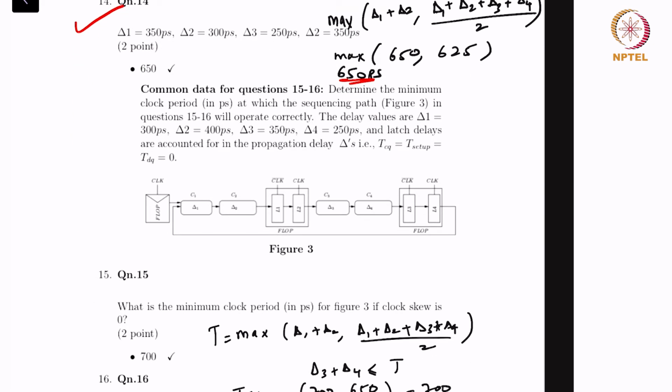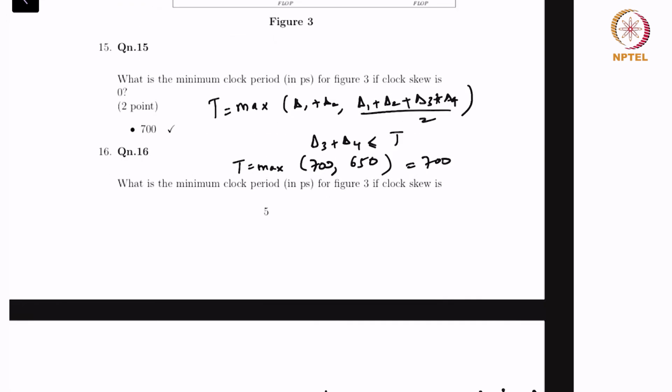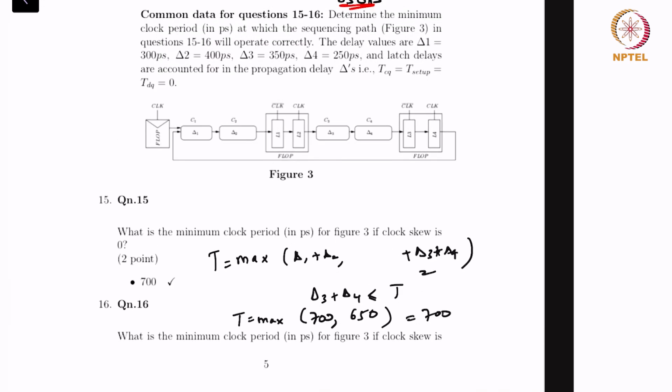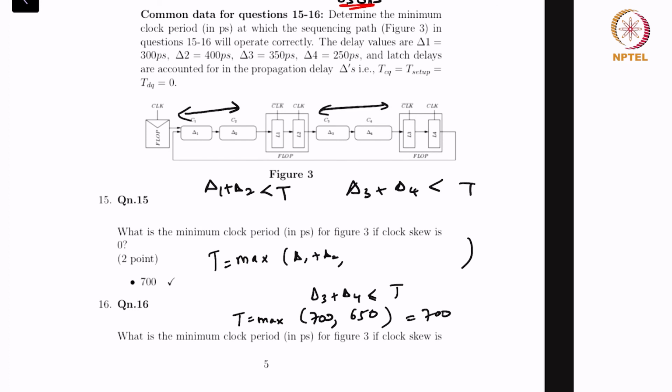Now moving on to a flop based system. In a flop based system, the constraints are as follows, wherein each of these must satisfy the time period. That is, delta 1 plus delta 2 should be less than or equal to T, and as well as delta 3 plus delta 4 should be less than or equal to T, since it does not allow for any time borrow from the next phase, right?